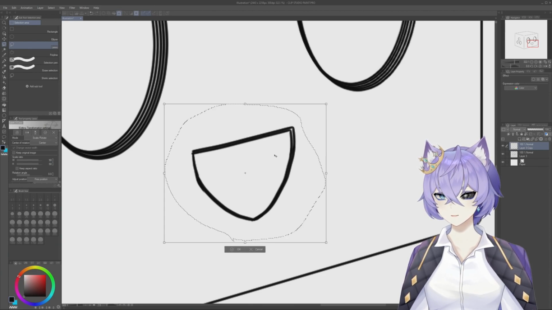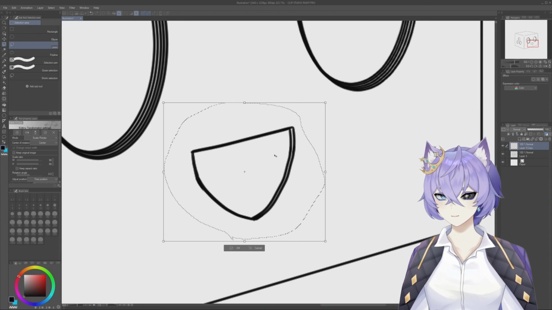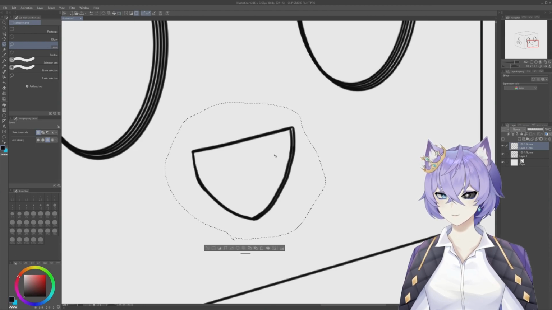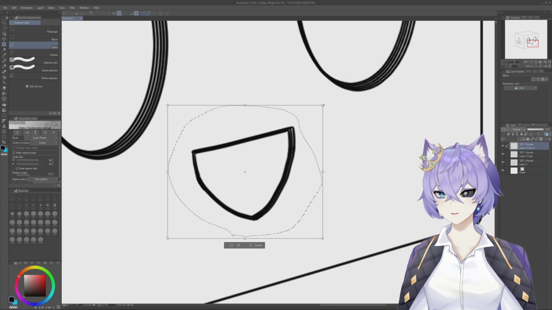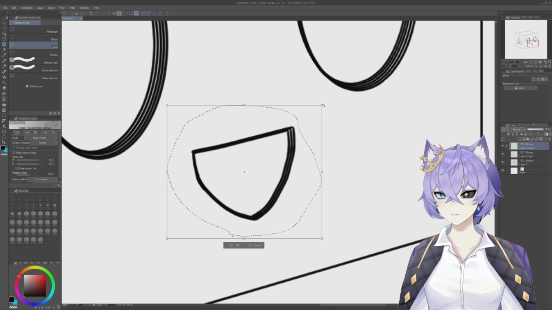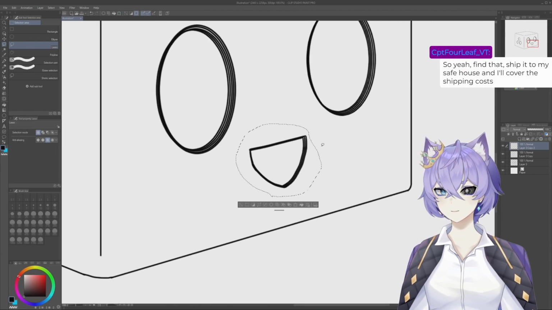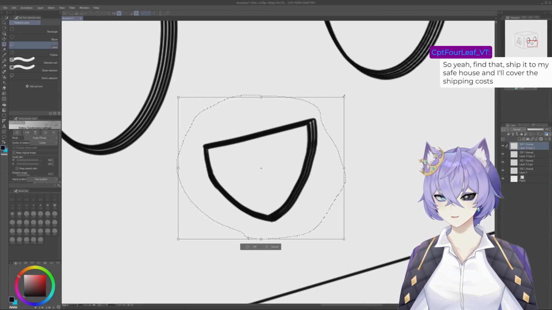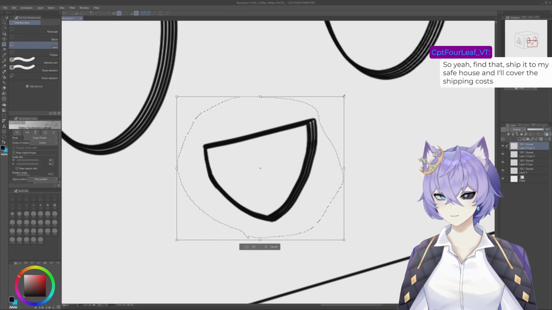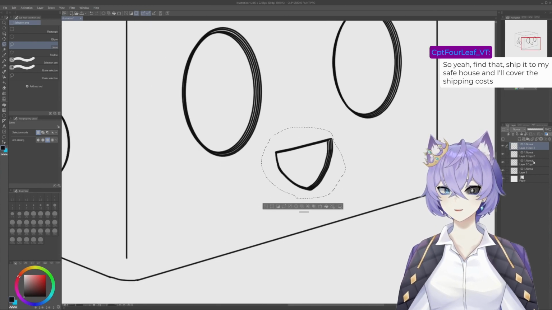Make it slightly smaller. Make it slightly smaller. Make it slightly smaller. There we go. All right.